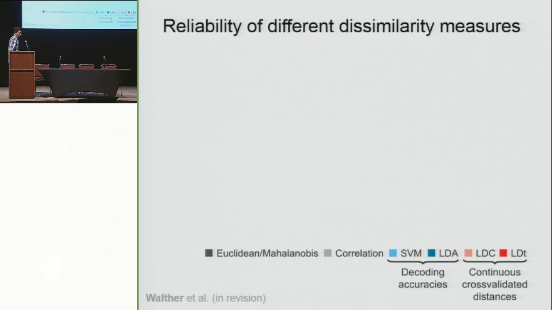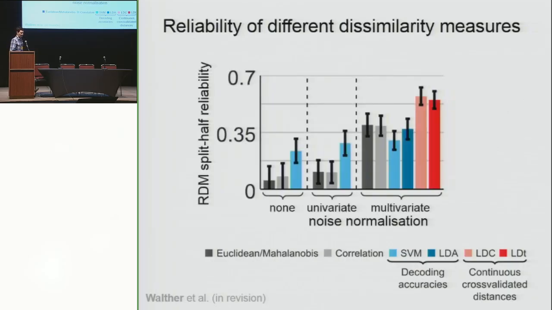So we've looked at the reliability of different dissimilarity measures in terms of the RDM split half correlation. So when we just take two data sets, we estimate the RDM for the same conditions. This is a replication of the experiment. Of course, we would like the two RDMs to be as similar as possible, and we'd prefer measures of dissimilarity that ensure this.